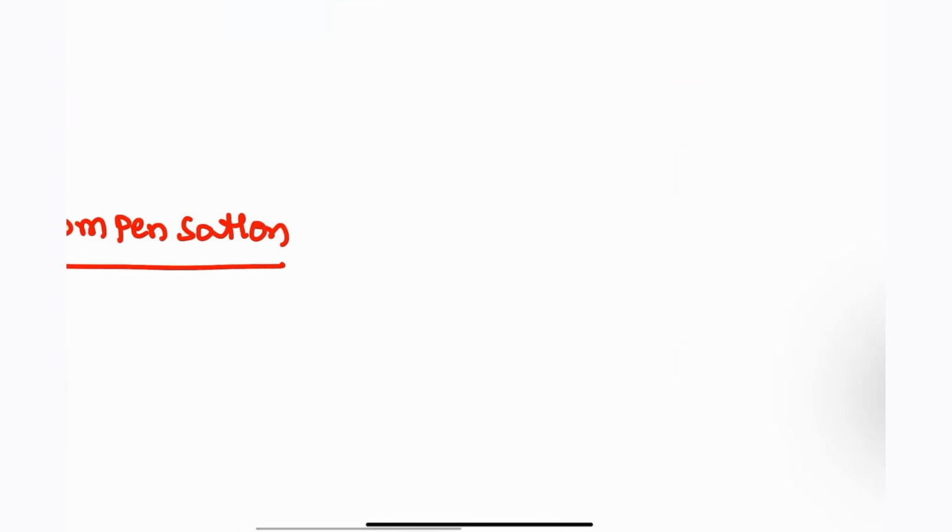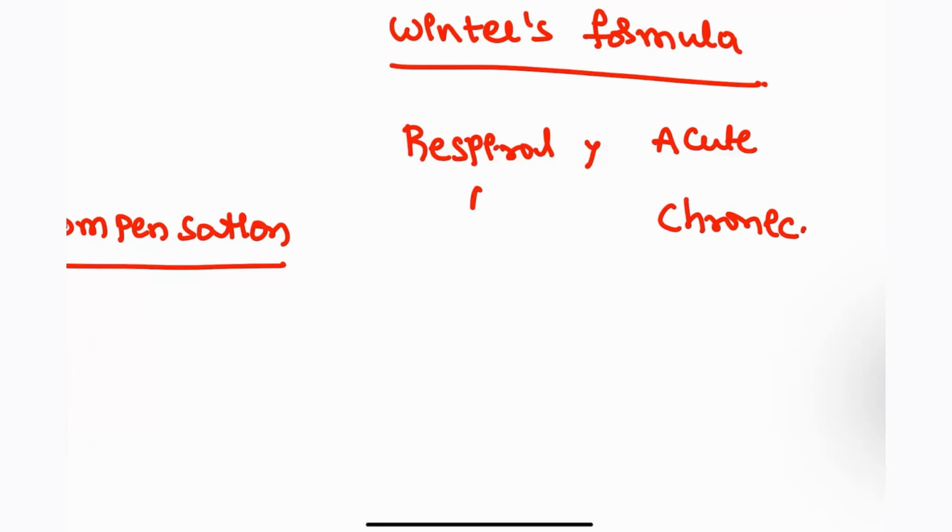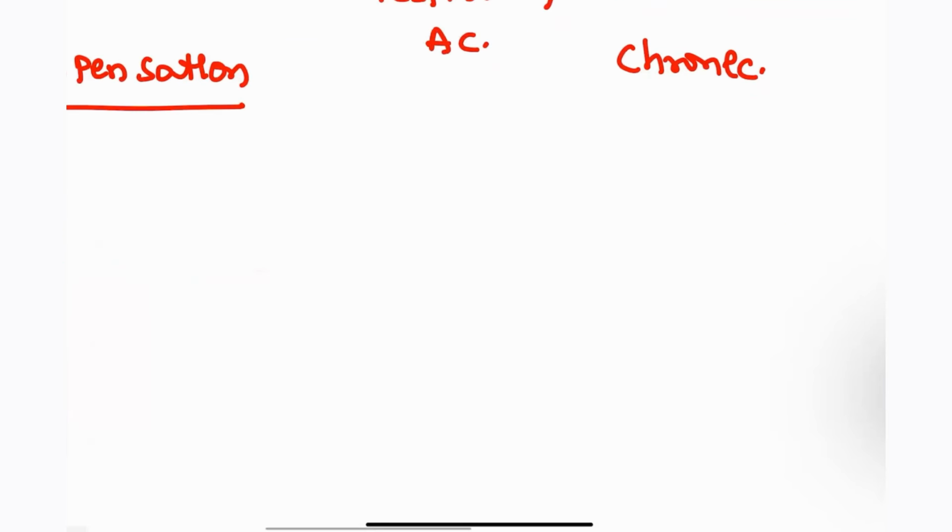Okay, next, coming to the compensation. So how the compensation will be seen, guys? You use the compensation with the help of the Winter's formula. Winter's formula tells us, for example, if it is a respiratory condition, it can be acute or it can be chronic. Okay, so respiratory acidosis, and also you have the respiratory alkalosis.